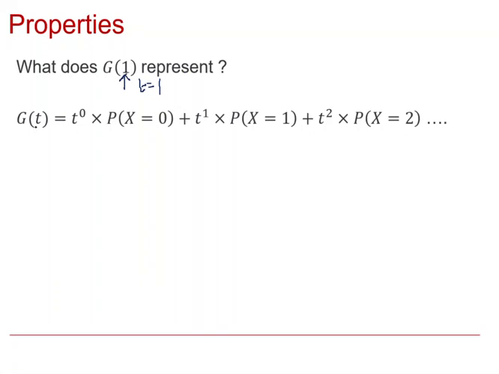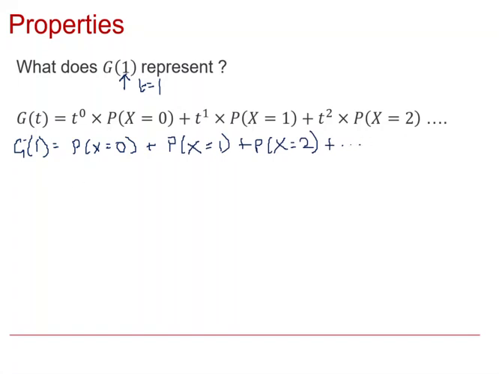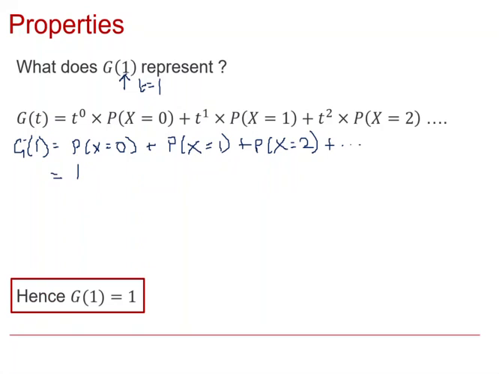Going from the definition of a generating function given here, if t is allowed to equal 1, then clearly t to the power x is always equal to 1, and therefore we are simply going to get for g of 1 the sum of the probabilities of all the possible outcomes for x, and clearly the sum of the probabilities over the whole range of outcomes for x will always equal 1. And this result is true for all probability generating functions.